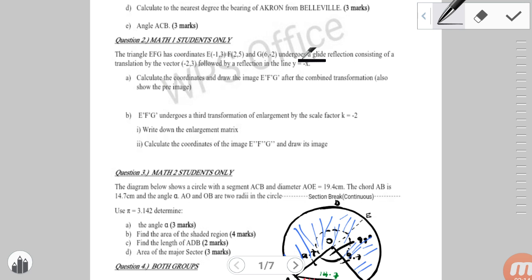And so it undergoes a glide reflection consisting of a translation by the vector (-2, 3), followed by a reflection in the line y = -x. Our first task is to calculate the coordinates and draw the image E', F', G' after the combined transformation. Also, you must show your pre-image.